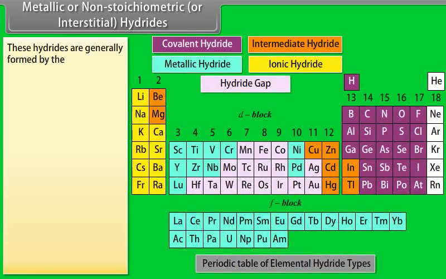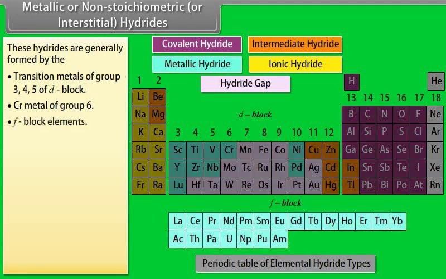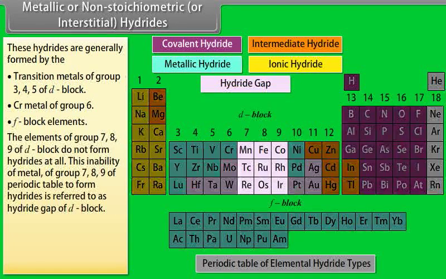Metallic or non-stoichiometric or interstitial hydrides. These hydrides are generally formed by the transition metals of group 3, 4, 5 of d-block, Cr metal of group 6, and f-block metals. The elements of group 7, 8, 9 of d-block do not form hydrides at all.